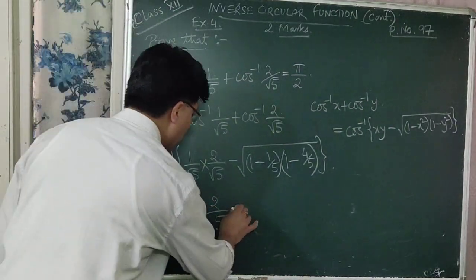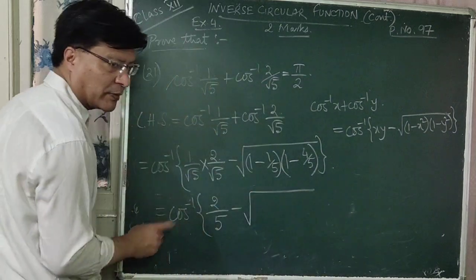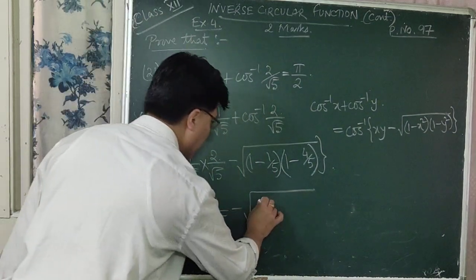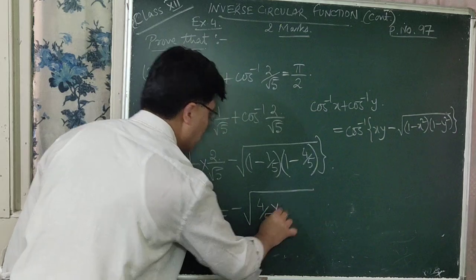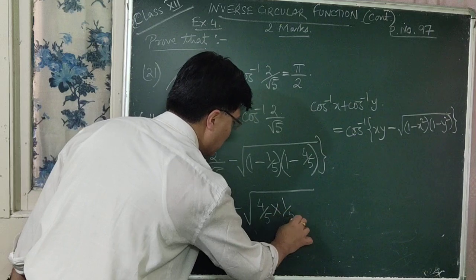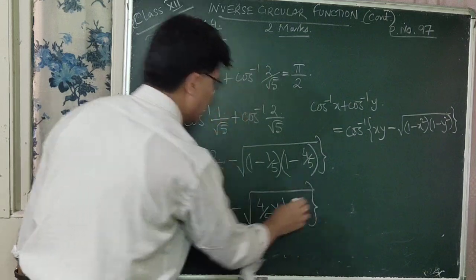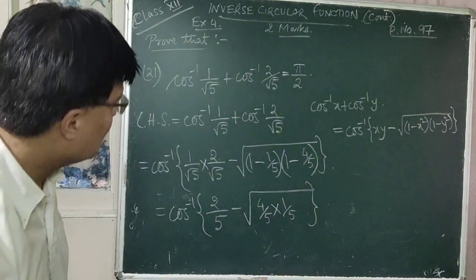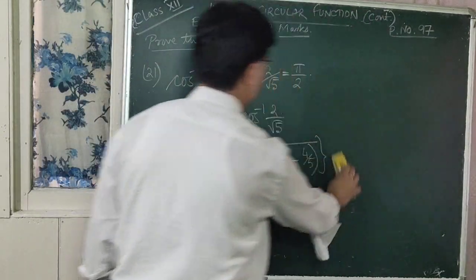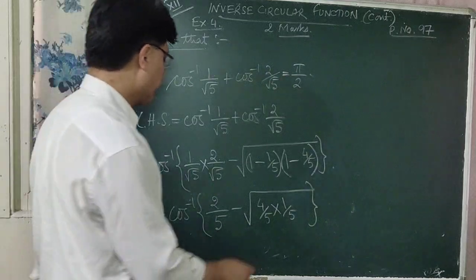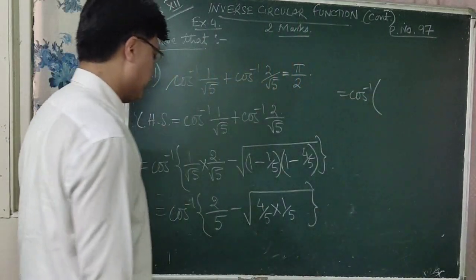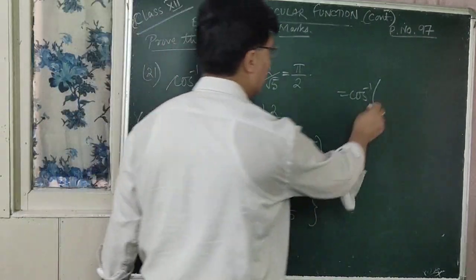So minus within square root, again you can simplify it. 5 ones are 5 minus 1, 4 by 5, into, again 5 ones are 5 minus 4, that is 1 by 5. Now let us simplify it further, which is equal to cos inverse within bracket. So it is 2 by 5.